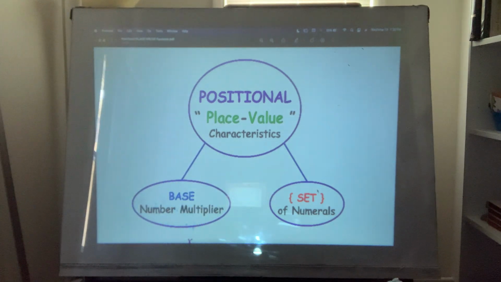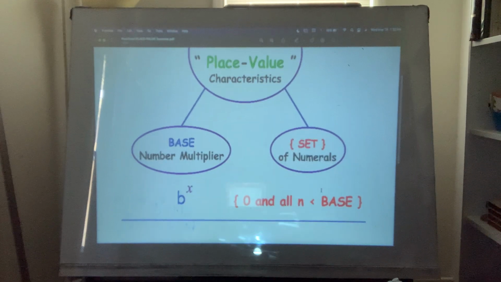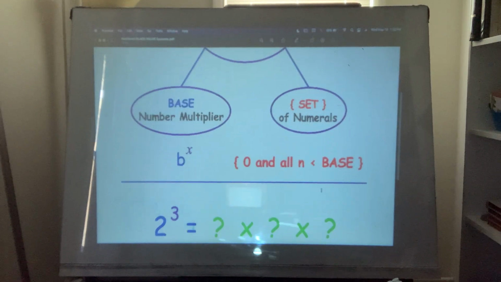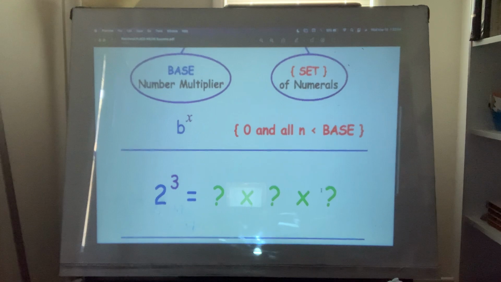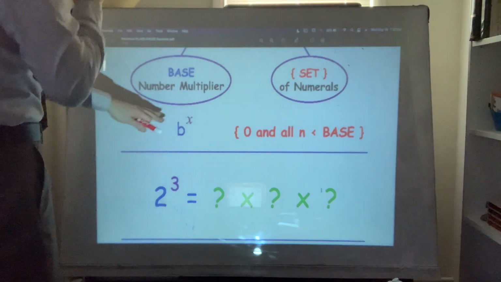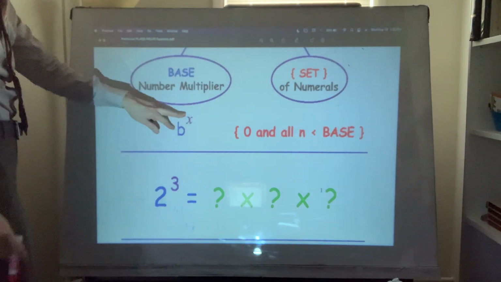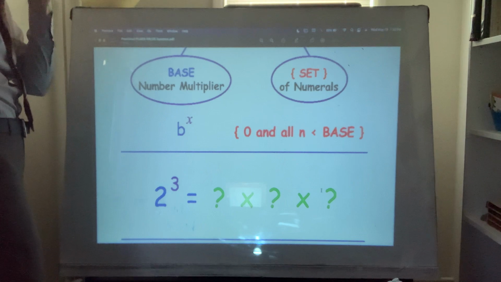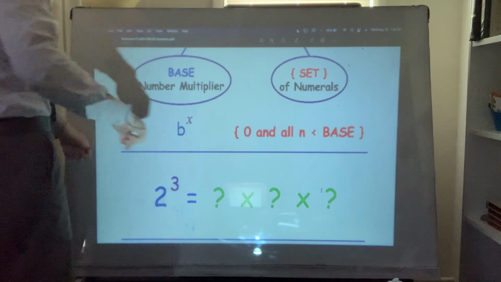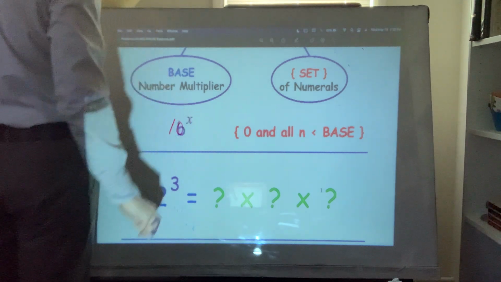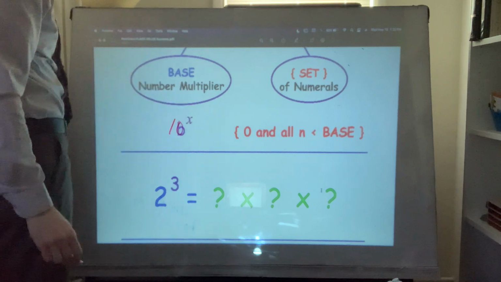Now, just to be clear also, this is what it would look like if you wanted to be fancy. A base is the bottom of these two generalizations here. The number, say, for example, 10, and then an exponent that would be adjacent to it.